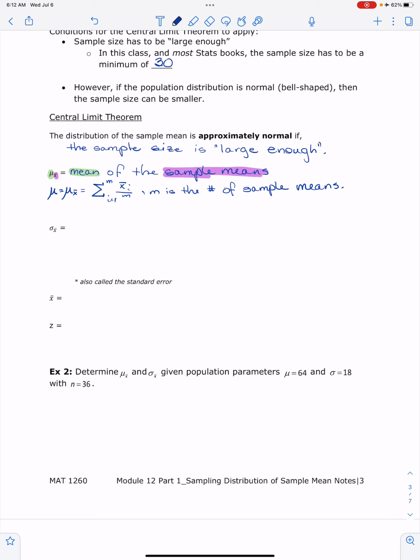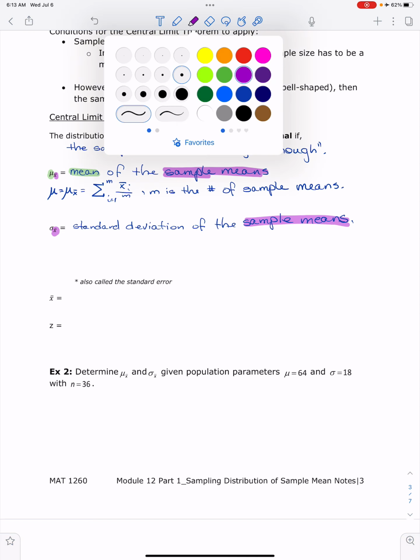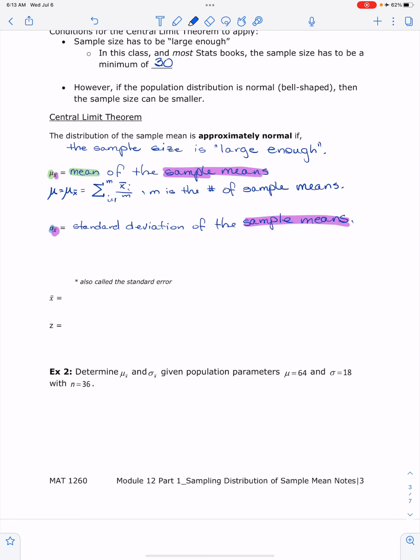Okay. So the next one, sigma sub x bar. That's going to be the standard deviation of the sample means. Again, here's my x bar. Those are my sample means. And then sigma, that's what we've been using for standard deviation.